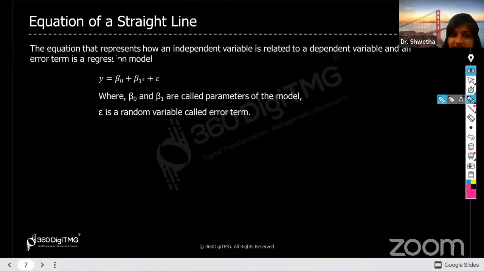This is the equation that represents how an independent variable is related to a dependent variable and an error term in a regression model. How this x is related to y is what we are trying to see.